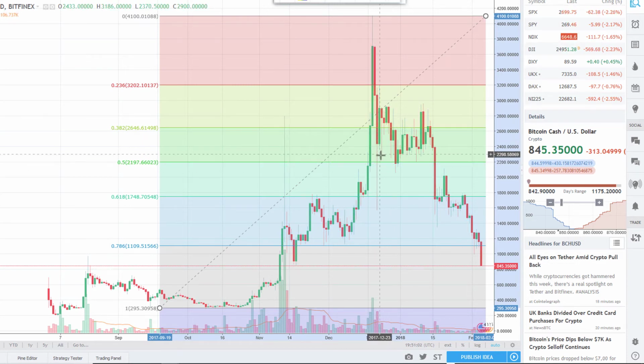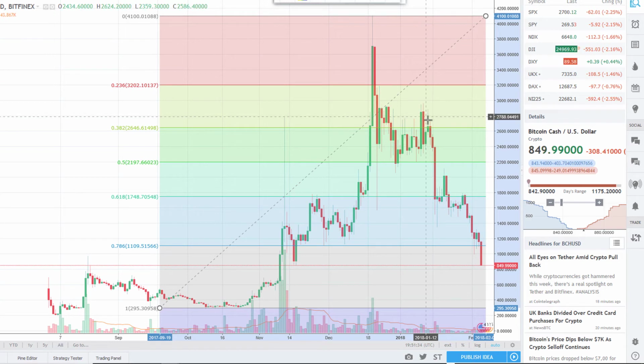So it did retrace a little, but it didn't make it to the 23.6 level. So it went again through the 38.2 all the way down to the 50%. Now it again went past the 38.2. So this seemed to be an area where the market was trying to decide what to do.